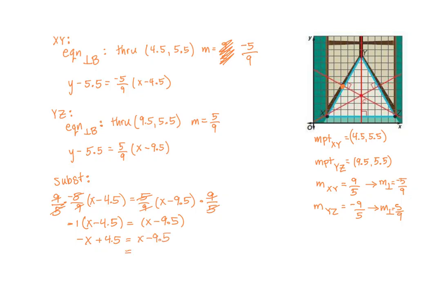And if we add our like terms on each side, we get 14. And so our x is equal to 7. Remember to substitute that value in to find y. Doesn't matter which equation, I'm going to use the positive slope one.